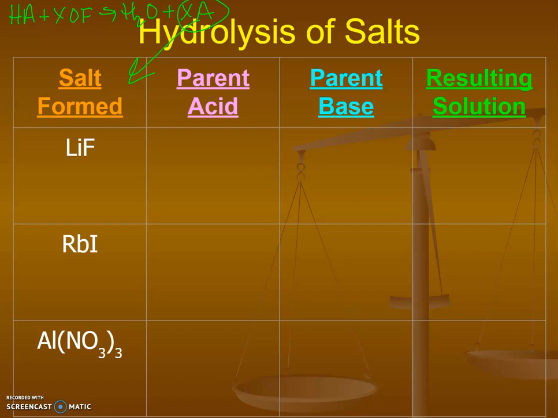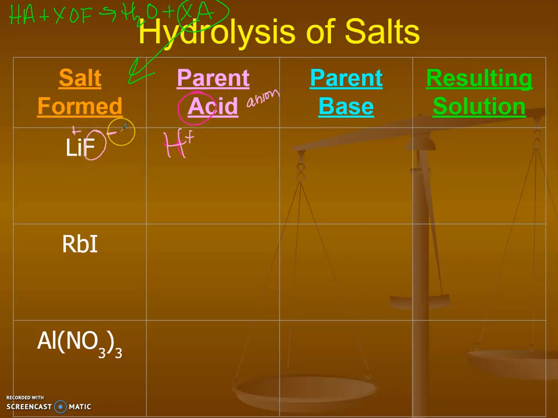Let's remember the little things that we talked about. The parent acid is going to be an H plus bonded to the anion. The acids get the anion, which is the negative charge.